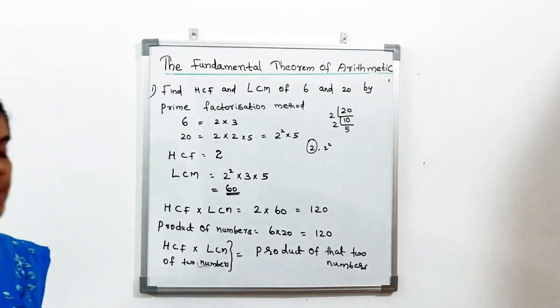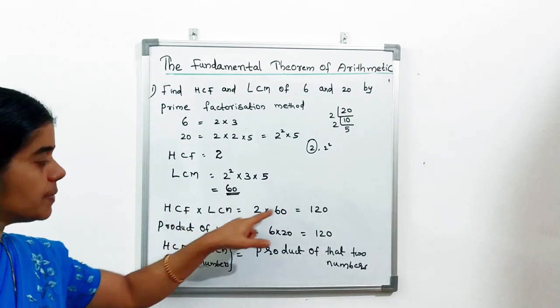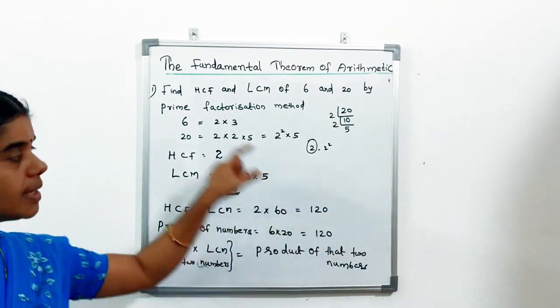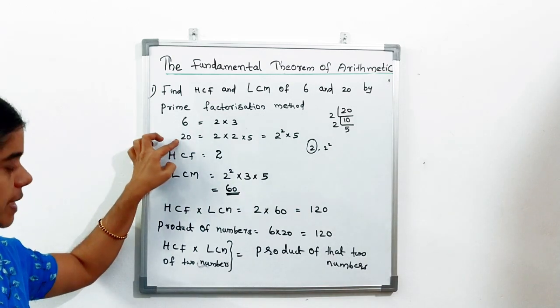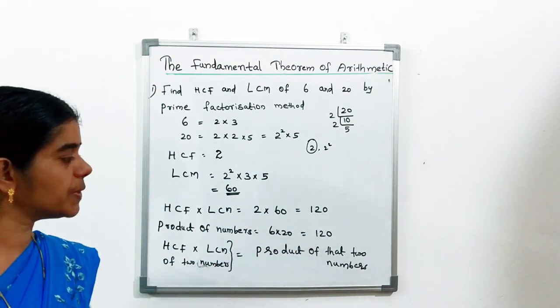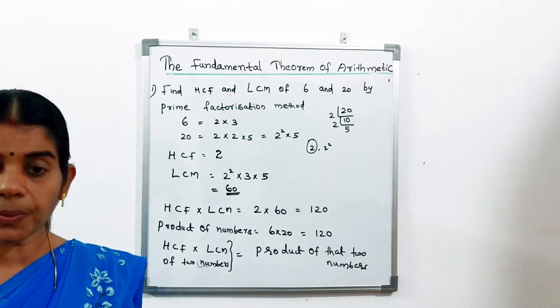That means HCF here you got 2, LCM you got 60, 2 into 60 you got 120. Which two numbers' HCF and LCM did you find? 6 and 20. Therefore 6 into 20 also you got 120. Therefore we conclude one result also: HCF into LCM is equal to the product of the two numbers.